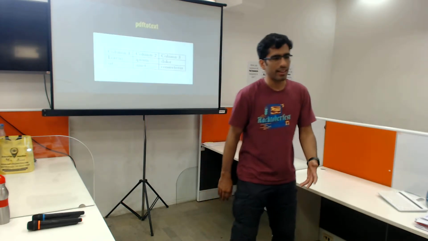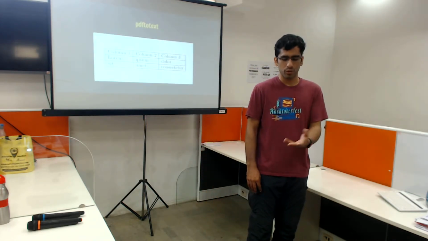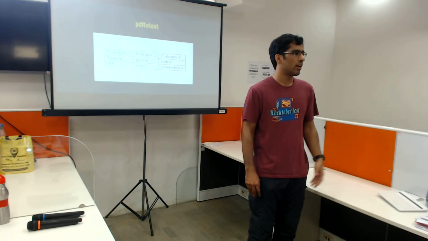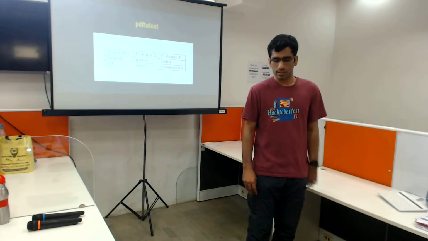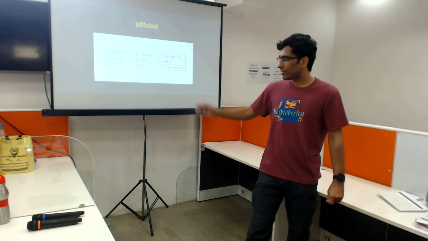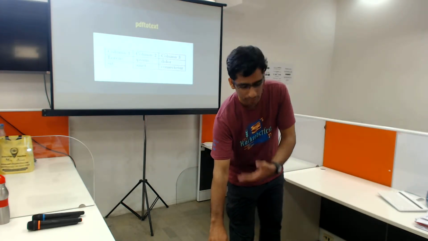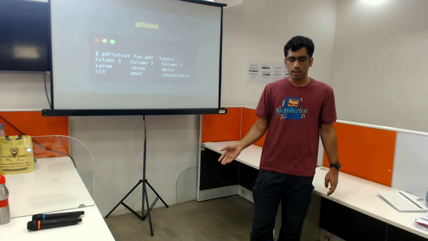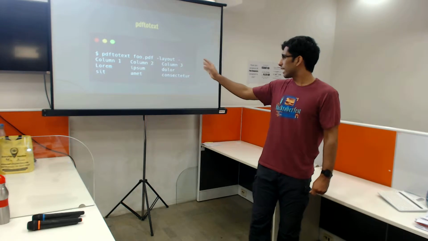A solution that I tried was using pdftotext, which is one of your popular utils that comes installed on Ubuntu and many Linux systems. So, for example, if this is a PDF table, you could use the layout option for pdftotext to extract the table into a text file.